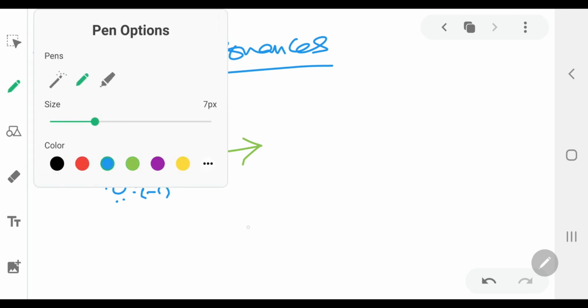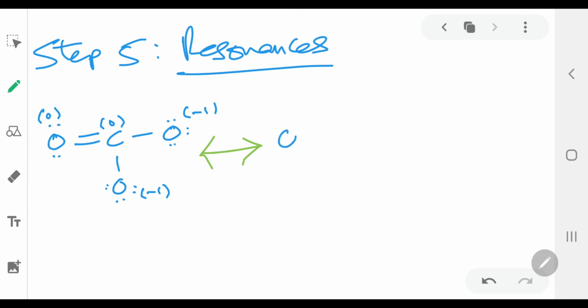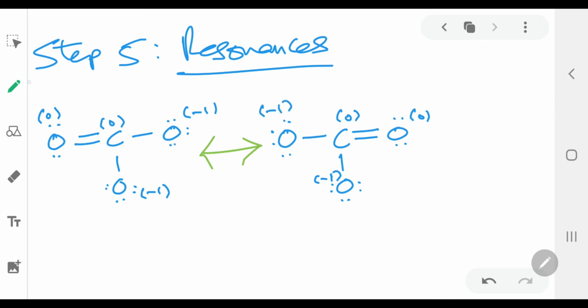And the second resonance would be oxygen, single bond, carbon. The double bond will switch its place. So that one is 0 formal charge. This one is -1 formal charge. Okay, that one is 0. -1 formal charge.